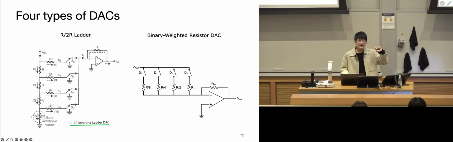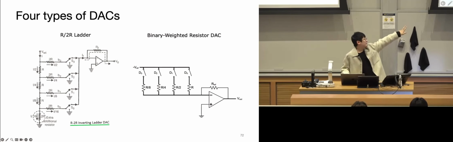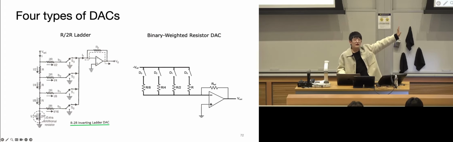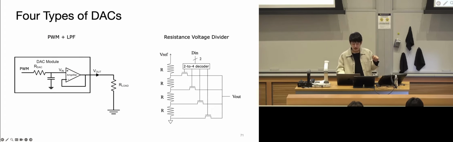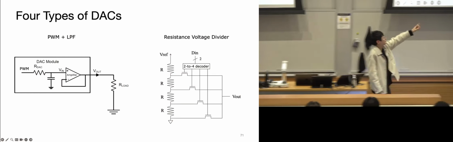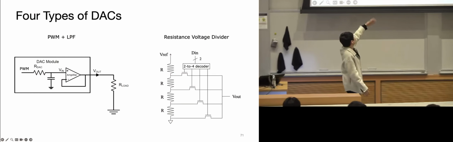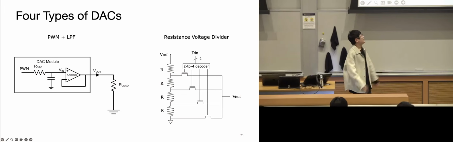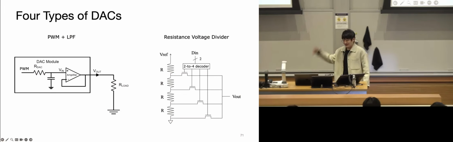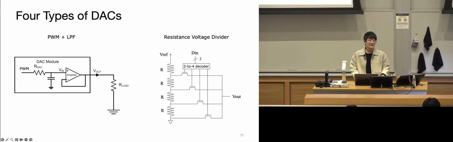And in terms of the components needed, this is essentially 2 times n. This is 1 times n. N is the number of bits. And this is 2 to the n, so exponential. And this one, it's not accurate, but you don't need a lot of components.